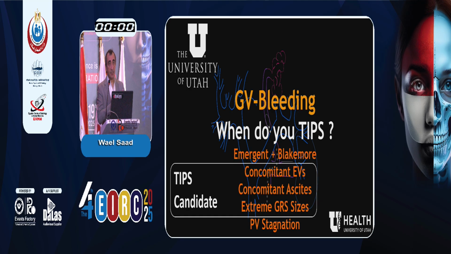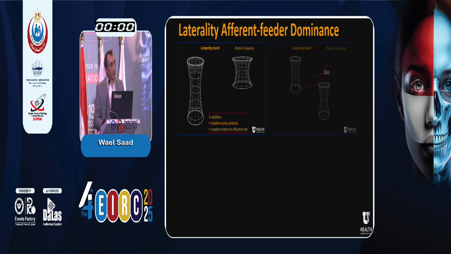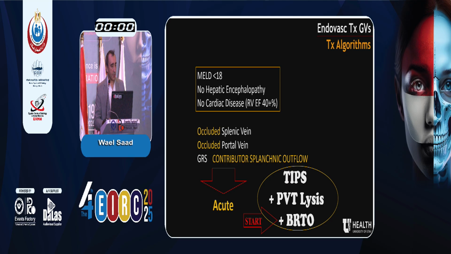So EVs, ascites, very large or very small gastrorenal shunts, that pushes me in the category of tipsing the patient. Okay? Plus sclerosis. Sclerosis is the base. If it's an adequate size shunt that I have inventory for, there are no EVs and ascites, I start off with a BRTO. Okay? So, laterality feeding, that's another complicated subject, but we won't talk about this.